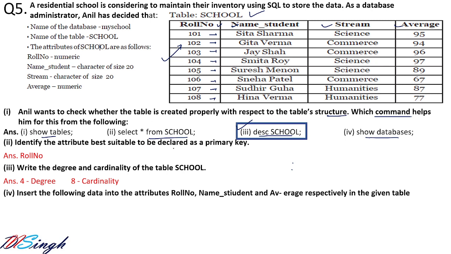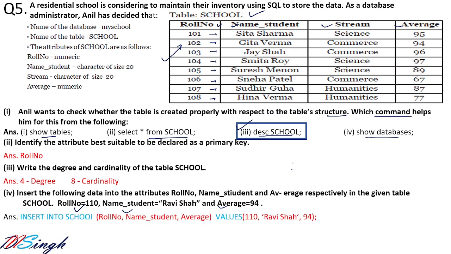Insert the following data into student: roll number, name, and average respectively. Remember that we are specifying data only for roll number, name, and average. We are not specifying data for all the columns. That's why writing the column list is necessary. Let us see the answer.